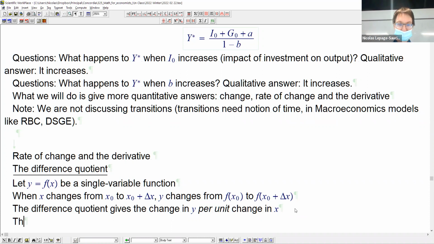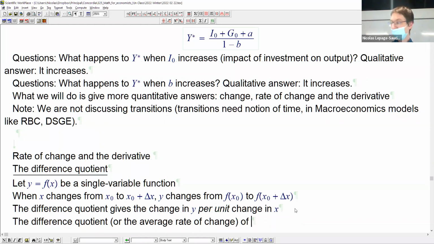So we just say that the difference quotient, or the average rate of change of y when x changes from x0 to x0 plus delta x, is this thing.